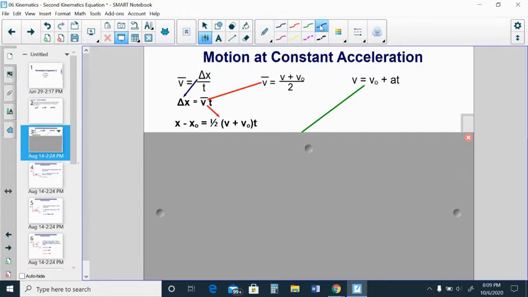And then over here on this side, we've subbed in this part of the equation for average velocity. So we have the final velocity plus the initial velocity here in parentheses, and instead of showing the whole thing divided by 2, we're just putting the fraction of a half there. So this whole thing was just subbed in for this right here. And then we also have time there.